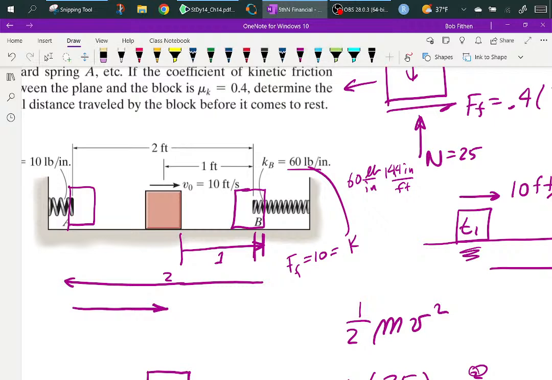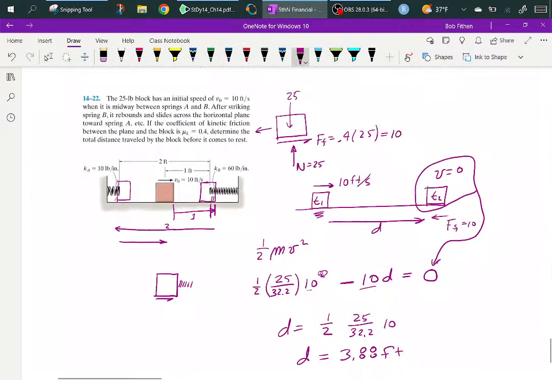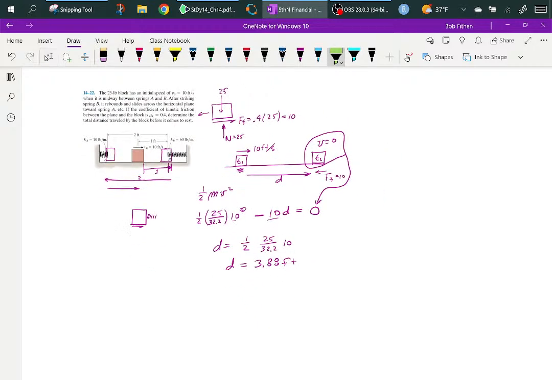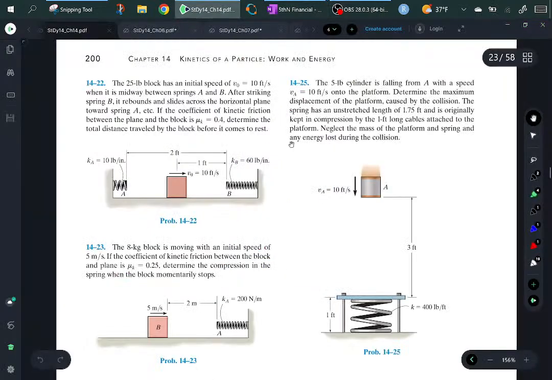So I doubt that it's going to sit in that case. So we'll go on to the next one. That one was kind of a trick one.